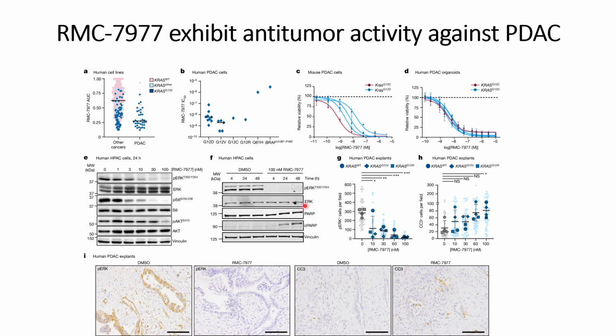So once they found that apoptotic factors are increasing, they wanted to check this behavior in the human PDAC cells. So they took tissue slides of actual human PDAC tumors and tested them using different concentrations of RMC-7977.